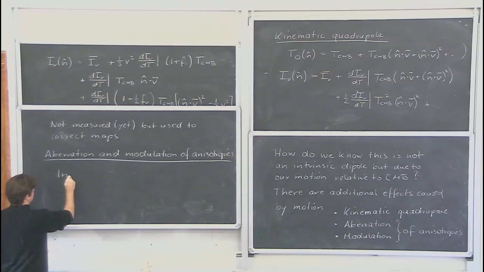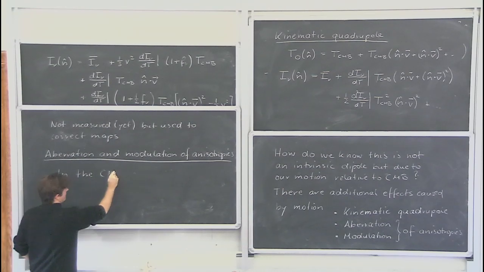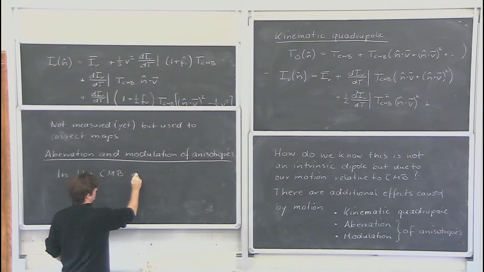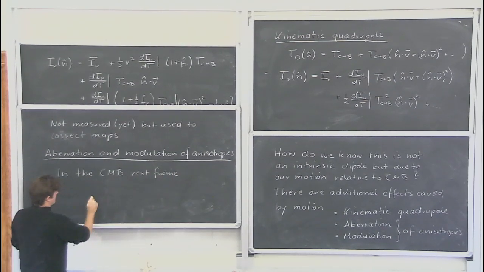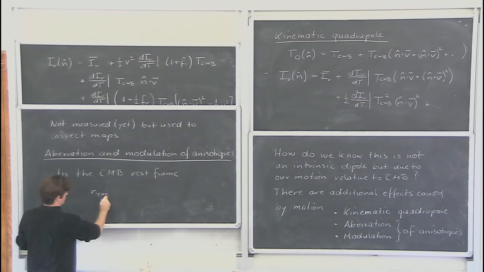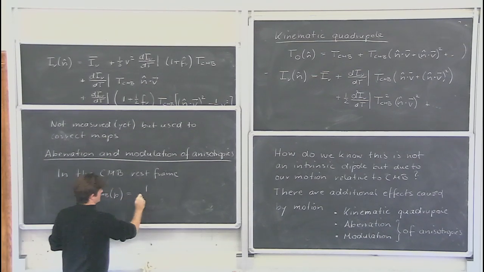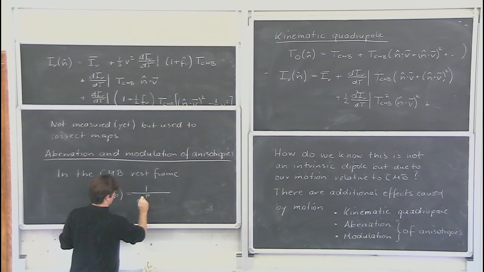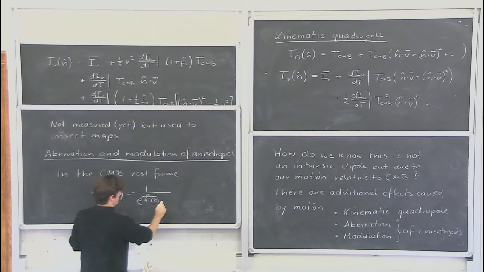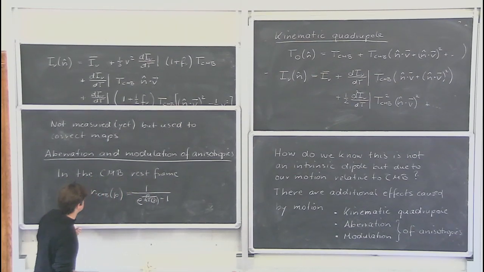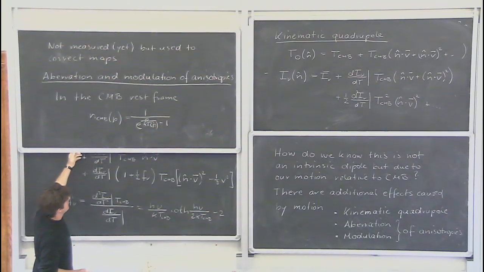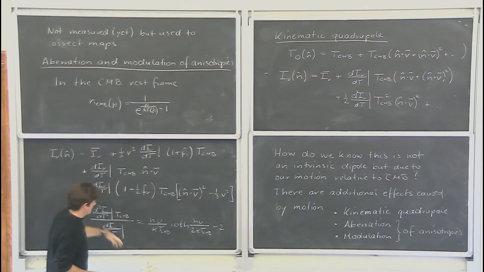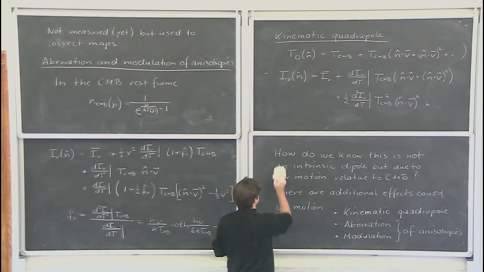So again, in the CMB rest frame, if you include small perturbations, then the occupation number now looks like 1 over e to the p over kT, which you now think is a function of the direction in which you're looking, minus 1. And so now we'll just try to convert that to the solar system frame in the same way we did before. So we'll just have to do some more Lorentz transformations.